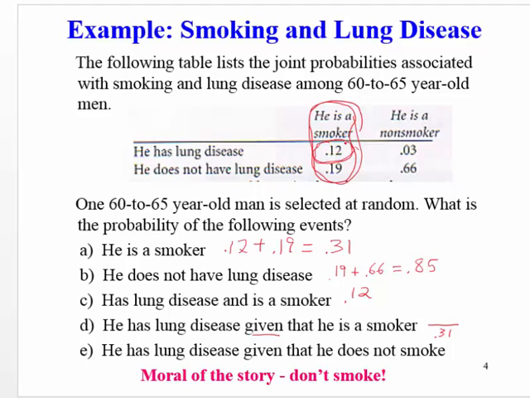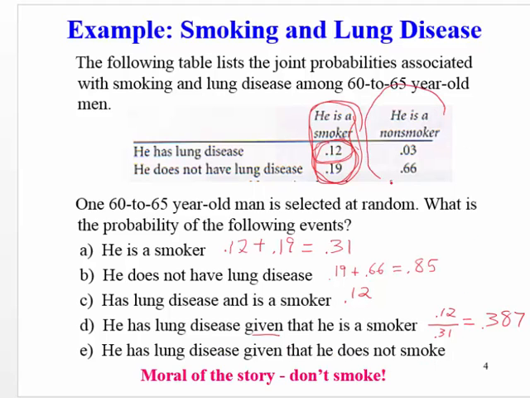So it's 0.12 over 0.31, and that's equal to 0.387.